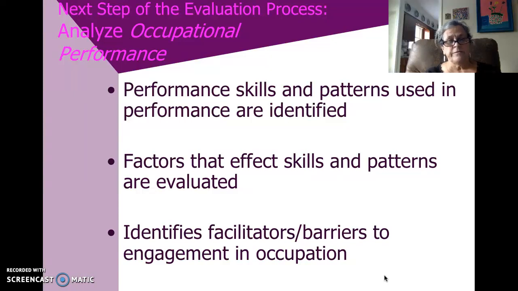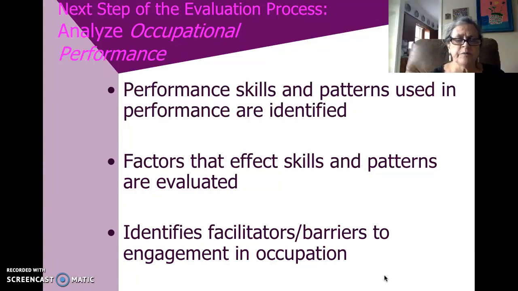Again, on our practice framework, we do want to look at performance skills and patterns because we're trying to assess what is it that's interfering with the child's ability to do something. We want to look at different kinds of factors that affect the skills and the patterns that are being evaluated. Is it a bad time of day?